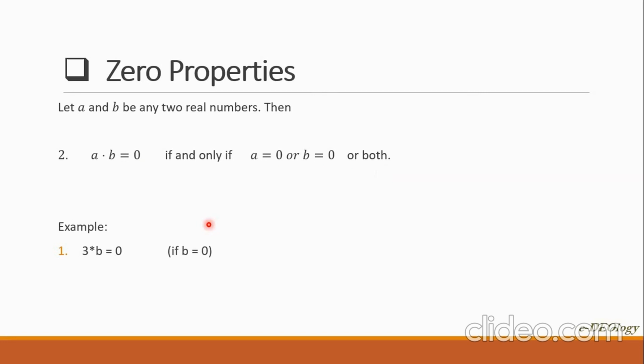This will be true if b equals 0. Another example is p times q equals 0. This will be true if p equals 0 or maybe q equals 0 or both are zeros.